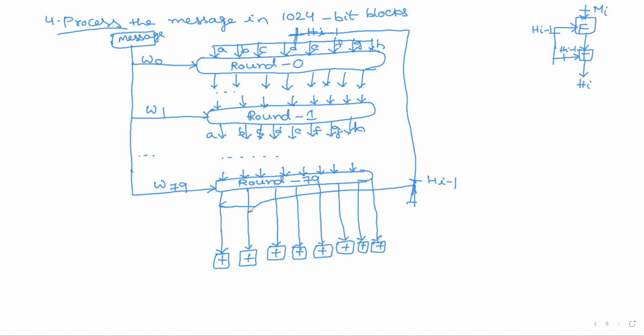So the second input, along with that round 80 output, is the hash code of the previous round. That one we are showing here.